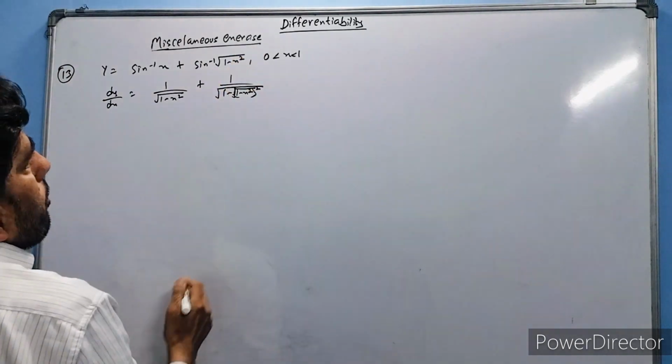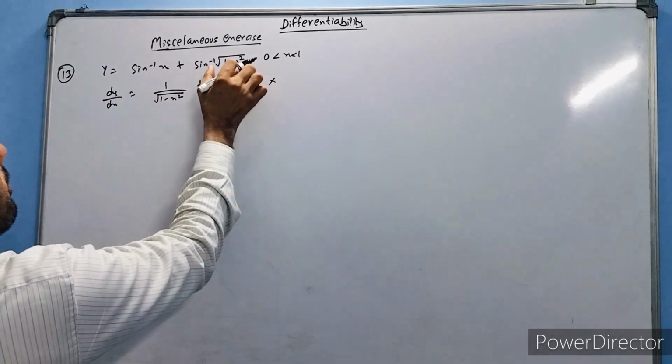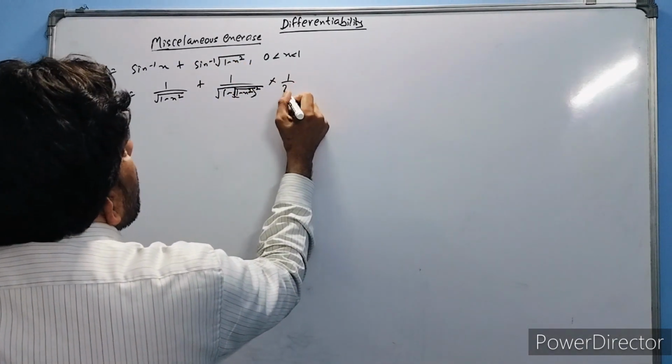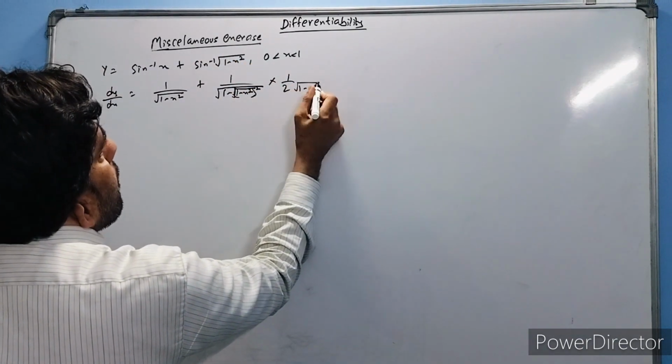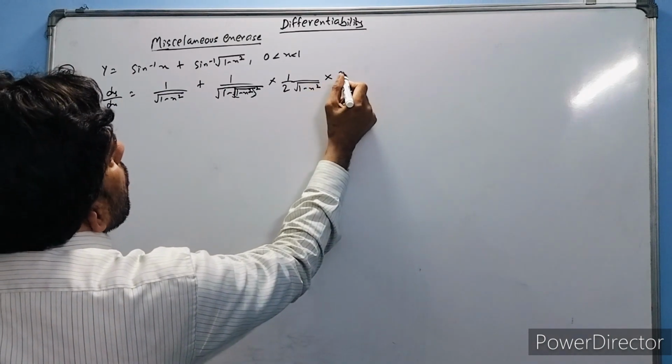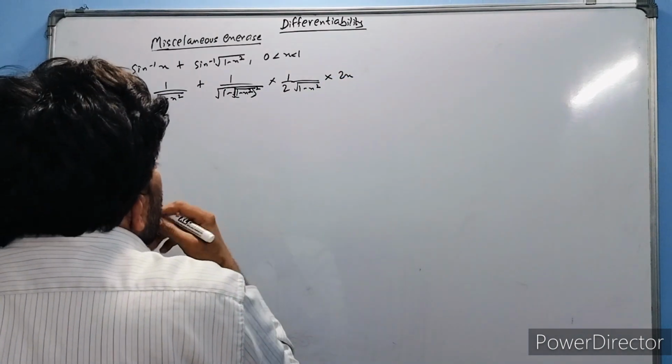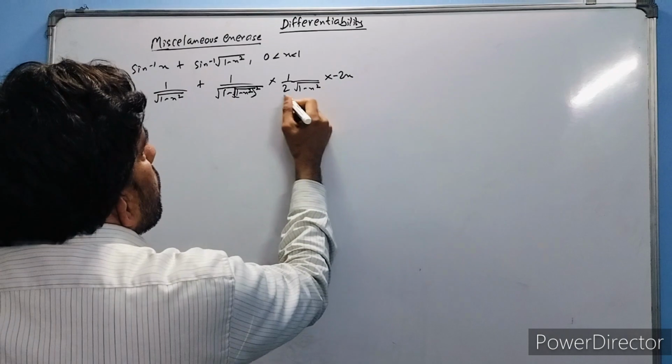The differentiation of this will be half, 1 minus x square under root, into the derivative of the inside, which is minus 2x.